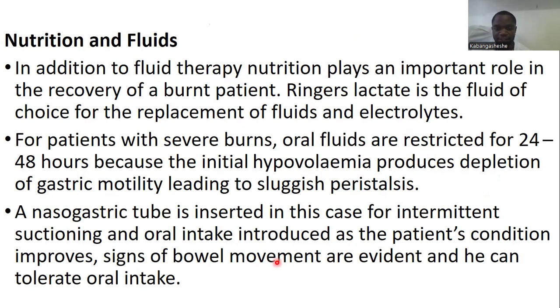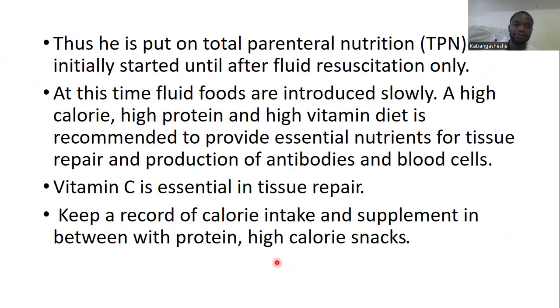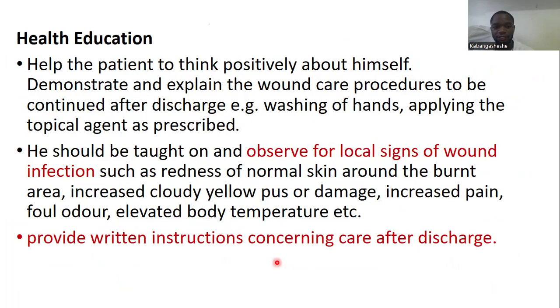Nutrition, of course, what is important is replacement of lost fluids and electrolytes after calculation with Parkland's formula. Ensure that the diet promotes wound healing. So high protein diet, high energy diet, and then the body will do the rest. Health education is infection prevention, signs of infection, and prevention of accidents within the environment.